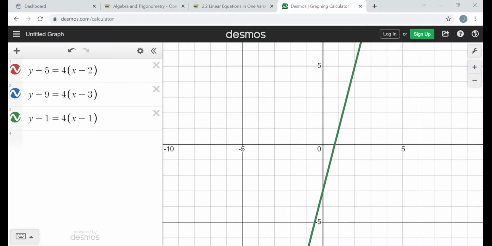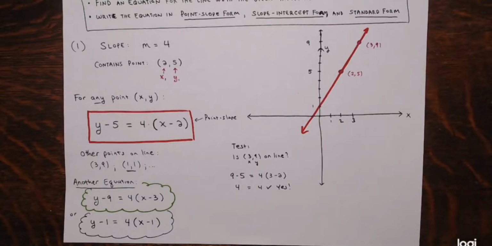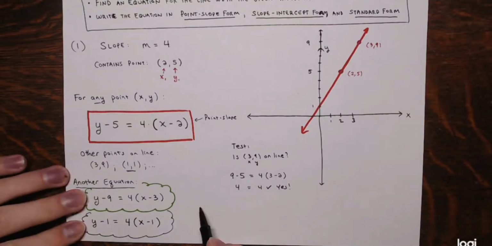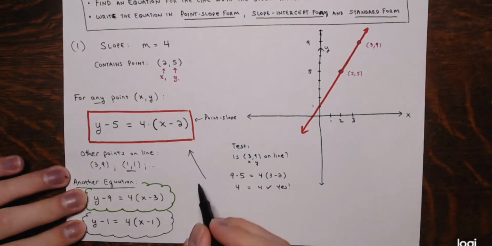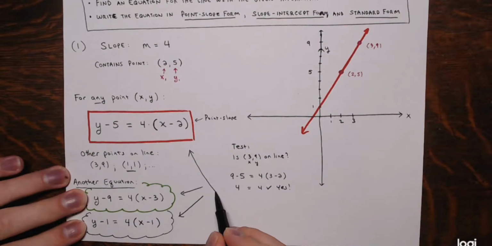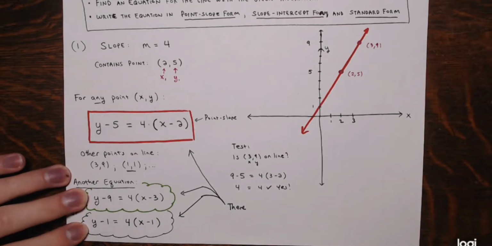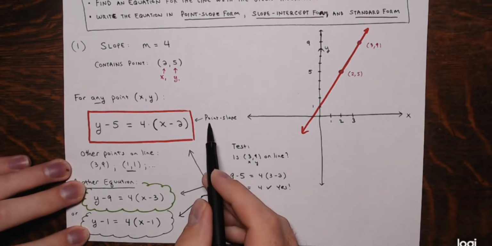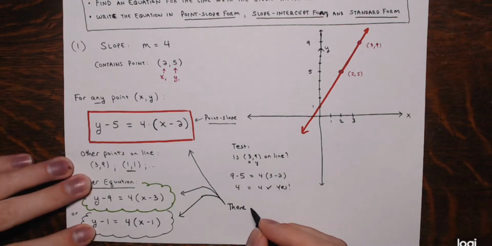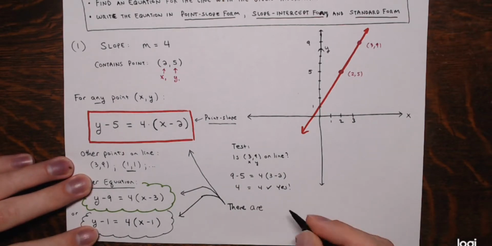So the lesson here is that there are infinitely many versions of point slope form that you can write, because there are infinitely many points that you can choose from on a line.